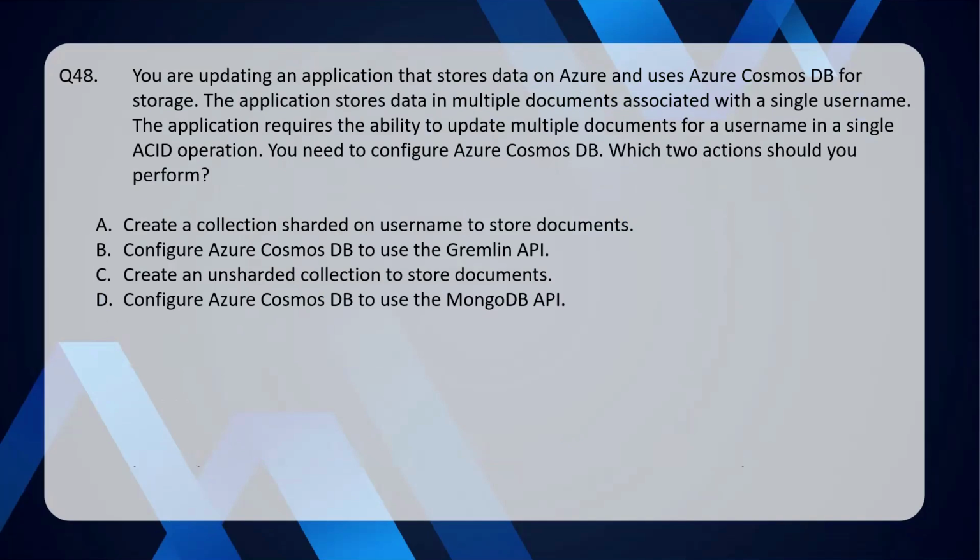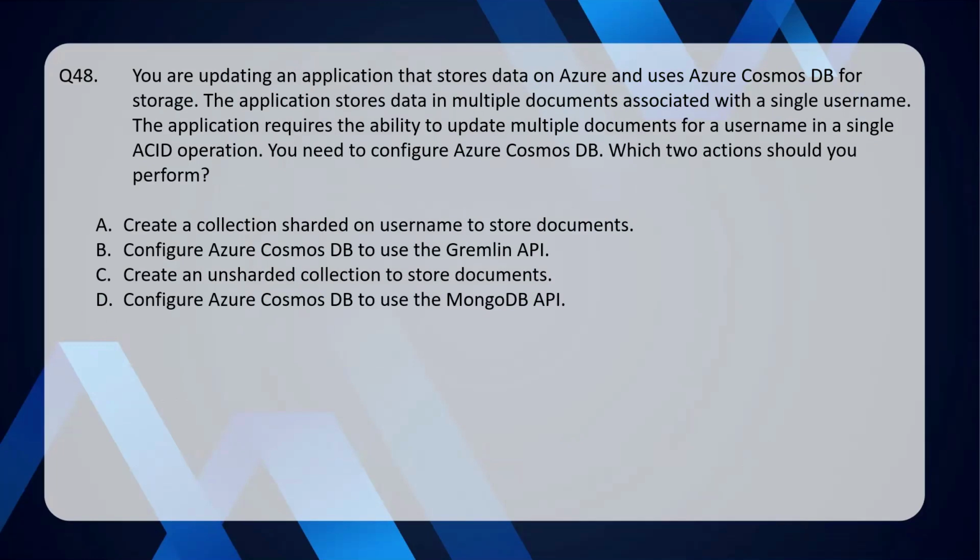Next question. You are updating an application that stores data on Azure and uses Azure Cosmos DB for storage. The application stores data in multiple documents associated with a single username. The application requires the ability to update multiple documents for a username in a single ACID operation.